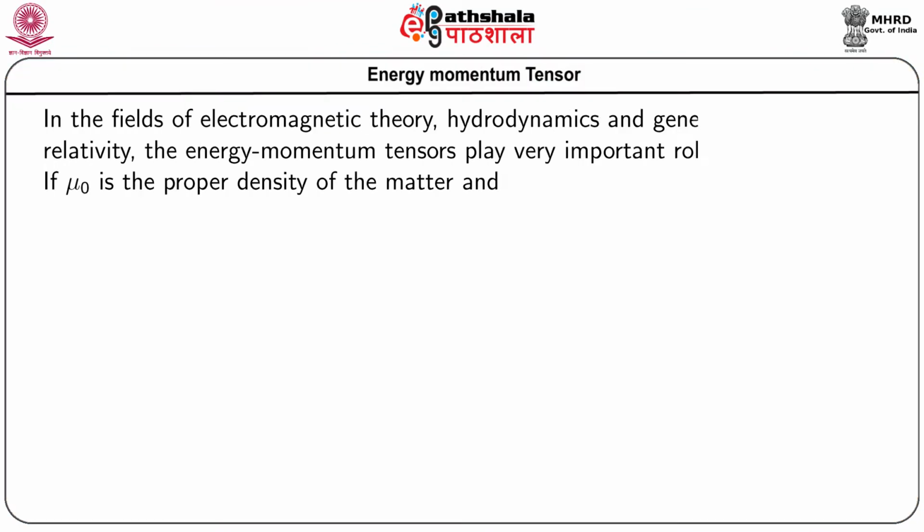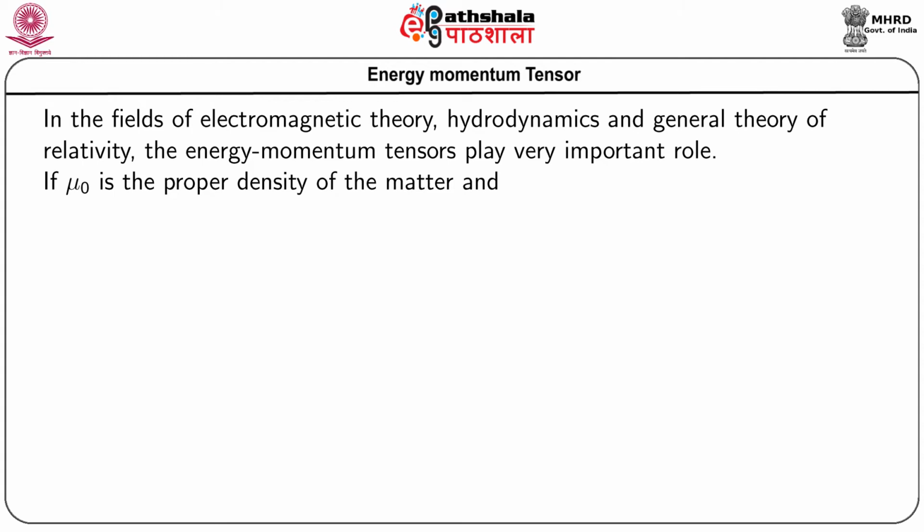So, in this section we shall learn about the energy momentum tensor. Now, in the field of electromagnetic theory, hydrodynamics and general theory of relativity, the energy momentum tensors play a very important role.